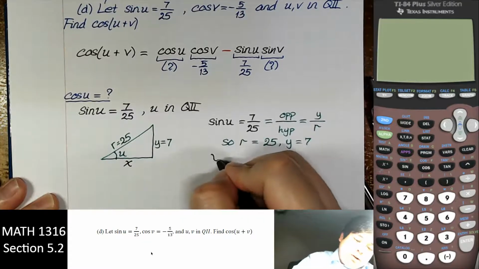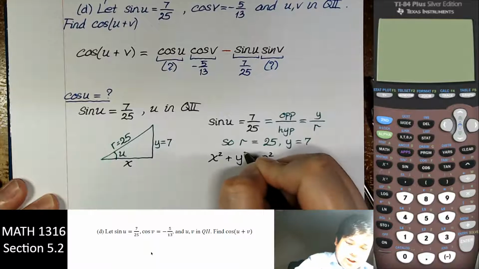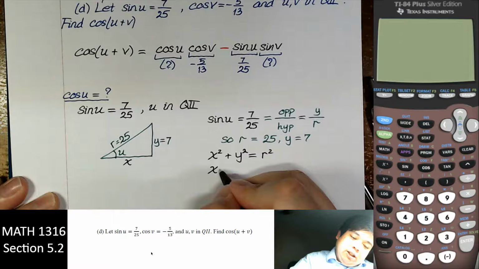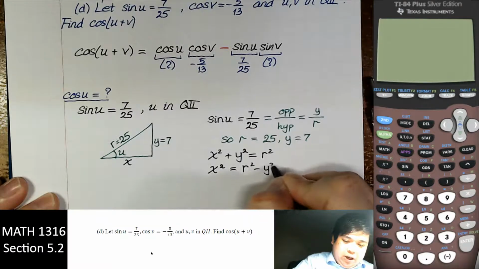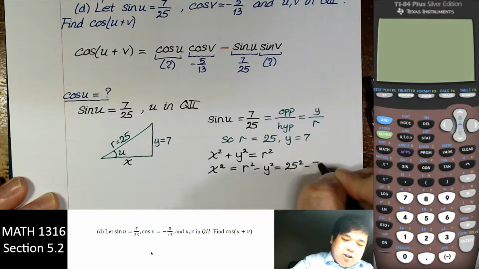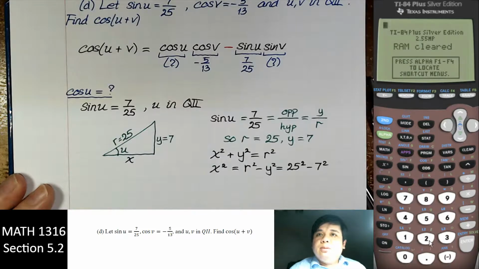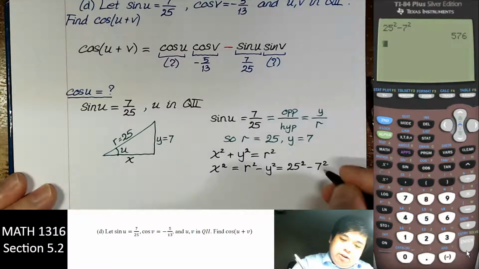And we have the Pythagorean theorem, x squared plus y squared equal to r squared. And so x squared is r squared minus y squared, 25 squared minus 7 squared, 576.